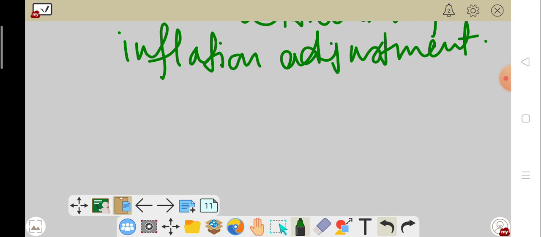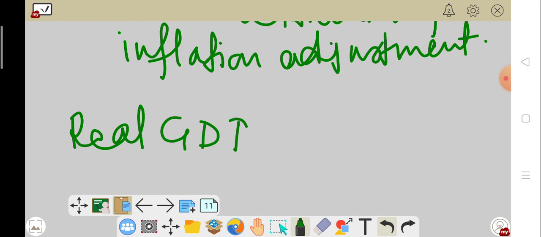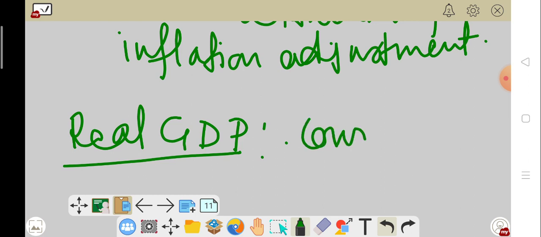Let's get into it. Real GDP. The name suggests real GDP means constant GDP.